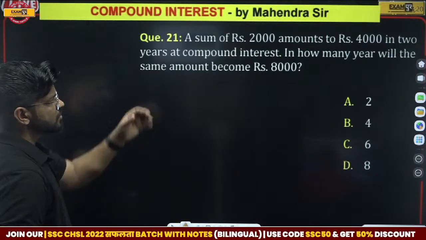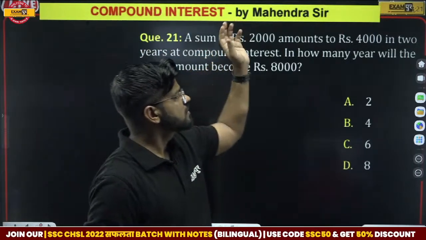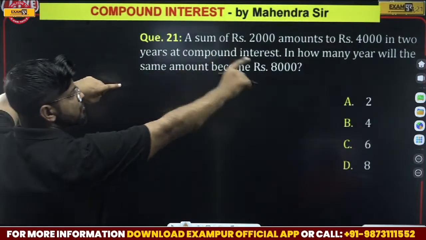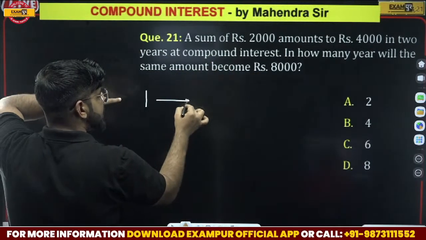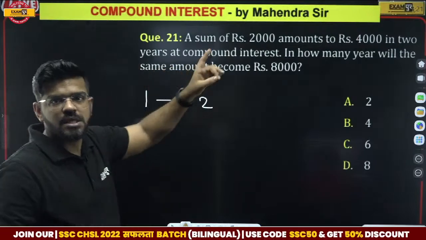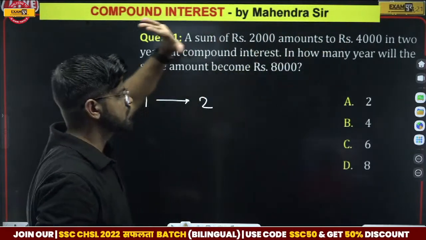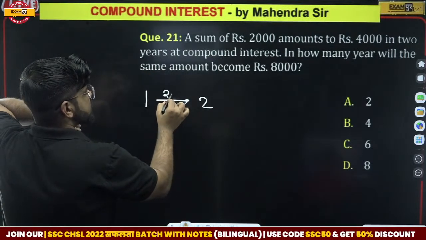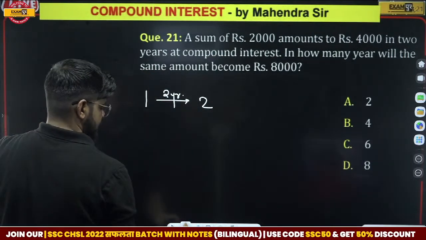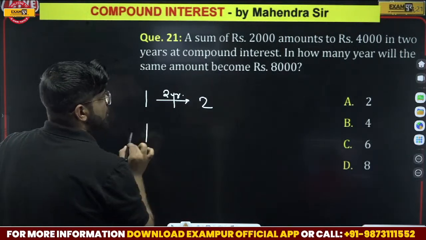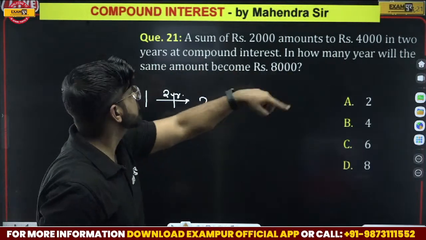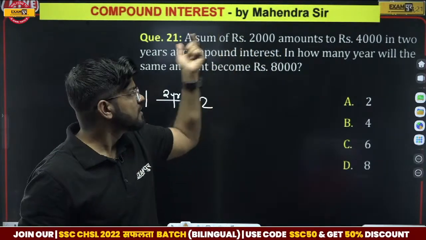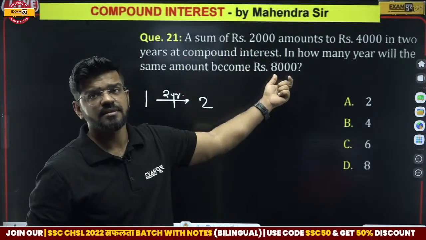Super. So a sum of 2000 amounts to 4000. That means the sum is becoming double in 2 years. Now, in how many years will the same amount, the 2000, become 8000?